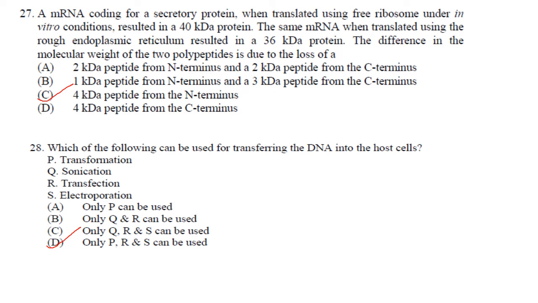Whereas when it was translated using free ribosomes under in vitro condition, this signal peptide, that is the 4 kDa peptide at the N terminus, was not cleaved by signal peptidases. So answer is option C.